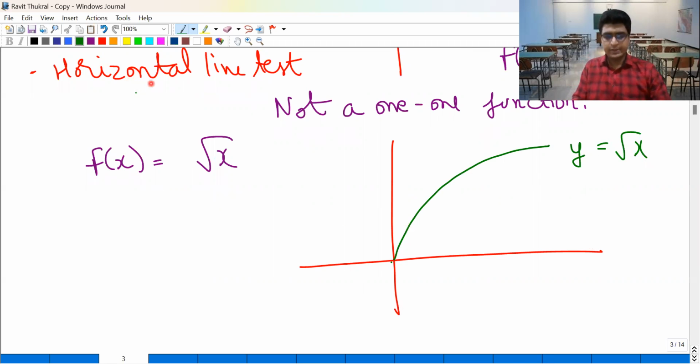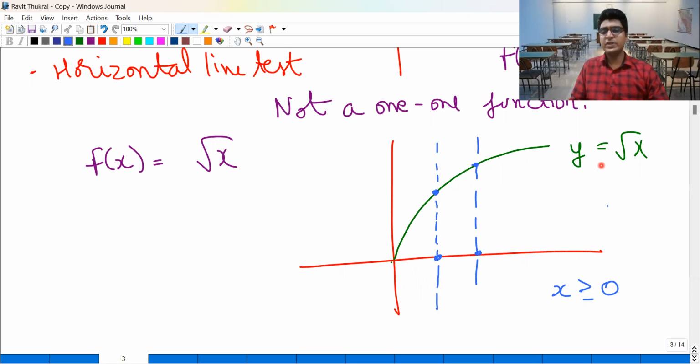So clearly it is a function. If I do a vertical line test, I can see that for this x, there is exactly one association. For this x, there is exactly one association. So it is a function. If I draw any vertical line on its domain, and we know that the domain should be x more than or equal to 0 because it is an under-root function. It is not defined for negative numbers, so it is defined for all non-negative real numbers. So it is a function.